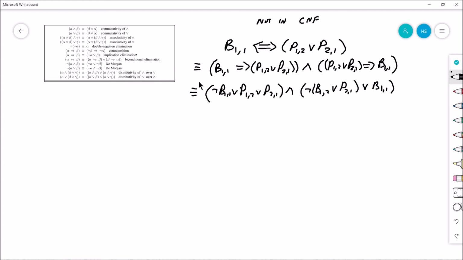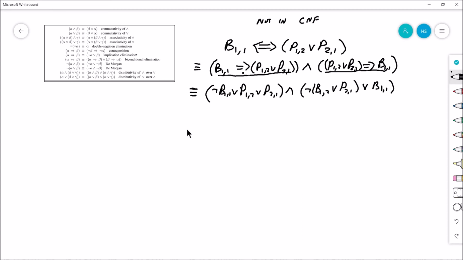And that was by implication elimination. Implication elimination says you can take the implication alpha implies beta, and it's logically equivalent to not alpha or beta. I just applied that to both of these parts of the sentence, and got my new sentence.